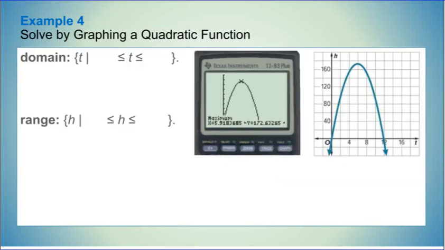Next, the domain. The domain is our t, the time in seconds. So it has to be greater than or equal to 0, but less than or equal to 12. And then the range: the lowest height would be 0, because the ball can't go below 0 here, and the highest point was 173.